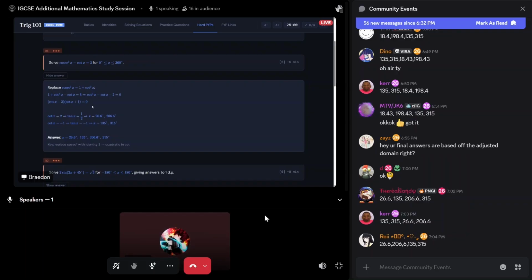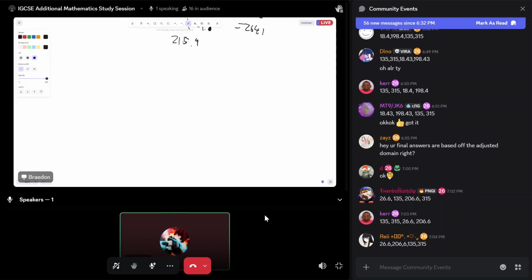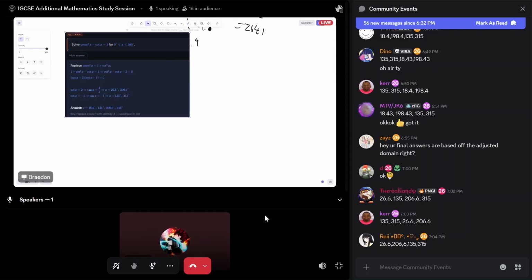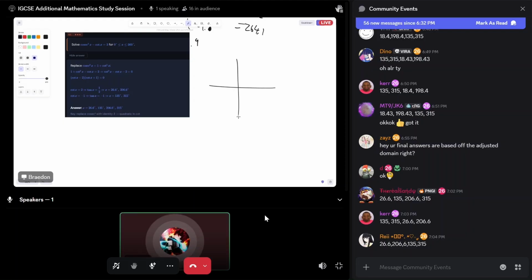So same as ASTC again. Guess I'll just show it. Since it's cot x, it's tan x basically. So the final answers are tan x equals 1 over 2 and tan x equals -1. One is positive, one is negative, so technically we're covering all quadrants today.